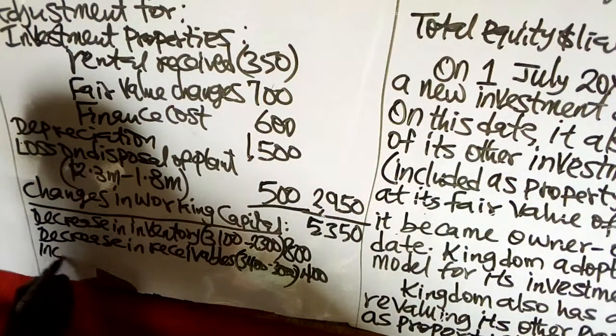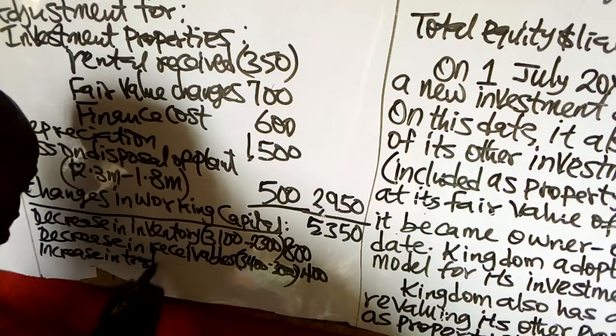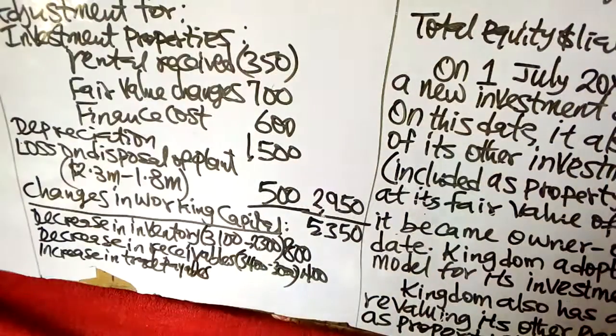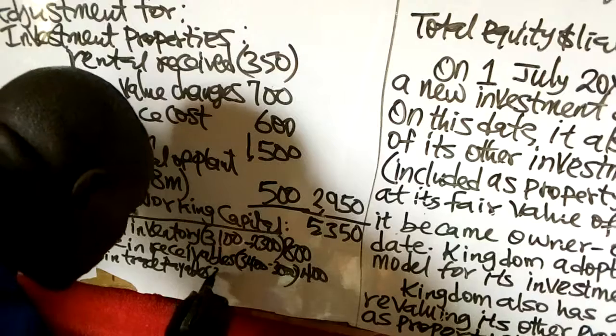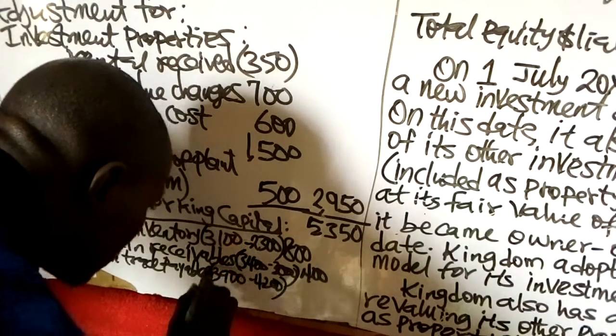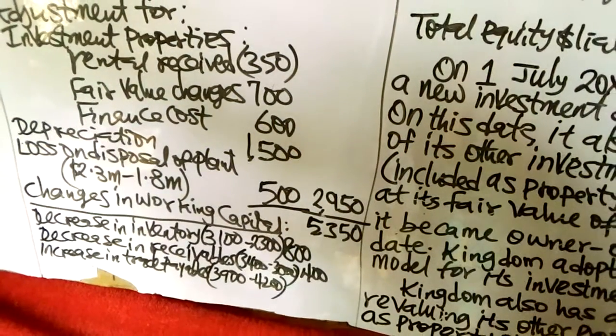Increase in trade payables. We have 3,900 minus 4,200. I've told you that liability is opposite of asset.